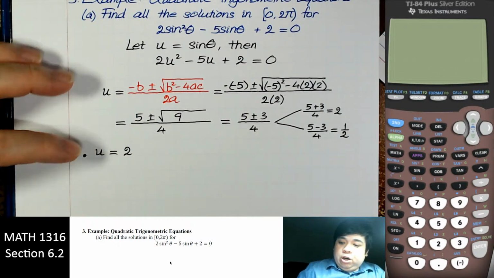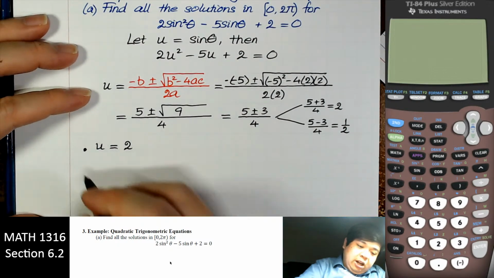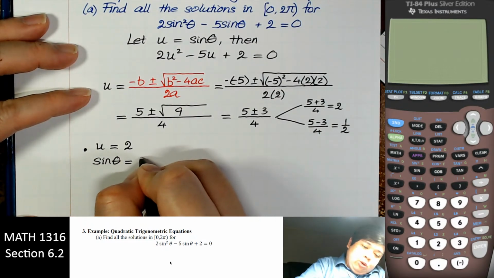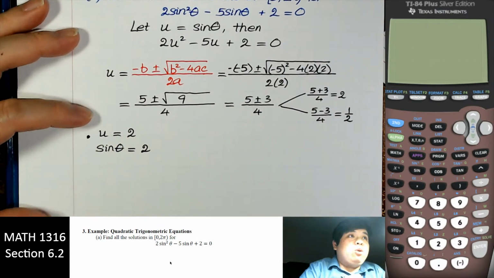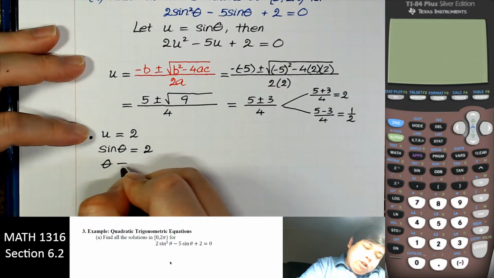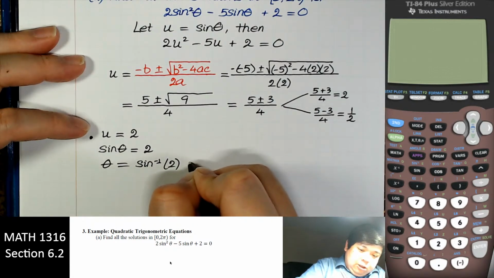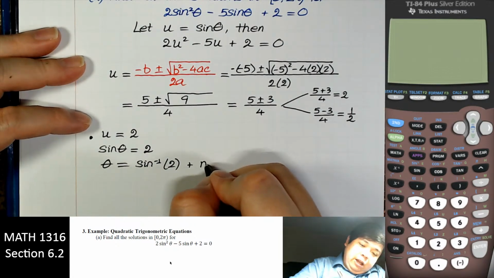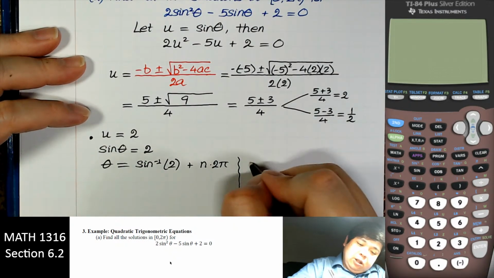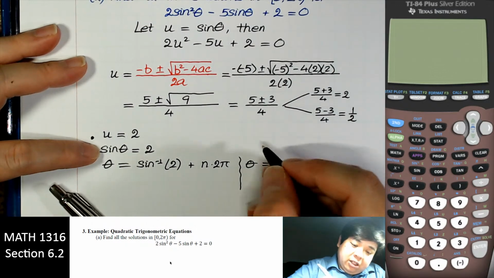Now u equal to 2, now we substitute back in u is equal to sine theta equal to 2. Now the equation for sine, pretty simple. Theta equal to sine inverse plus n times 2 pi, or for sine it is the supplement.